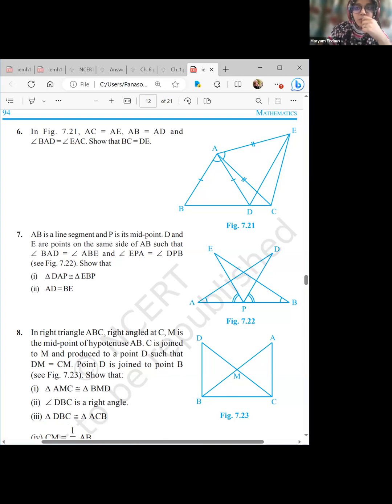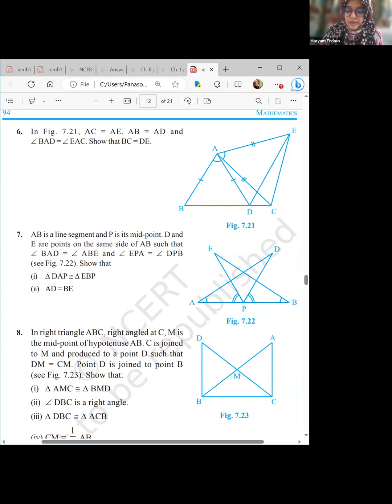Munir, I'm asking you. What else is equal in the question, according to the question? Angle BAD and angle EAC. Okay, which one is angle BAD? Angle BAD is this one, right, Munir? And angle EAC is this one.